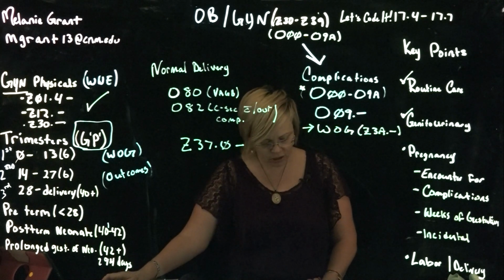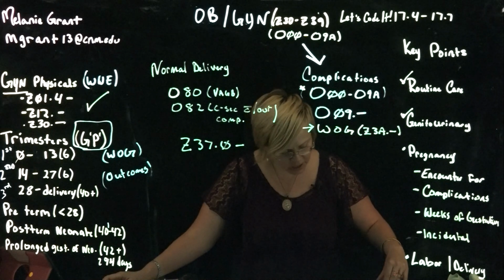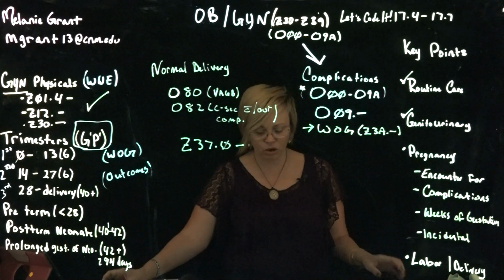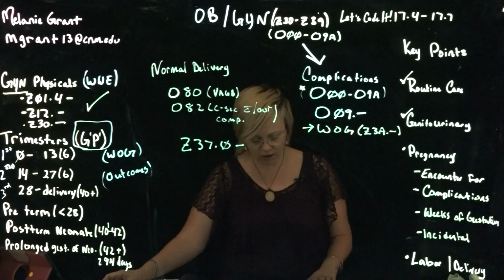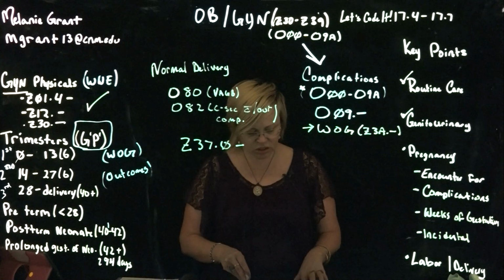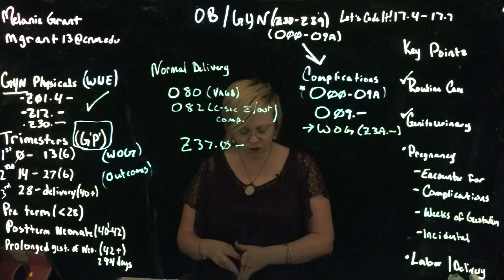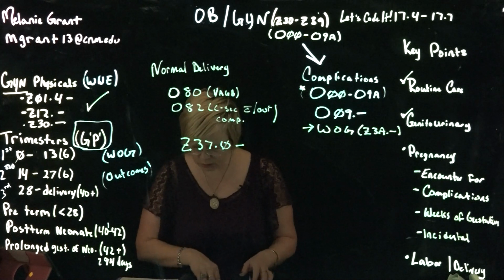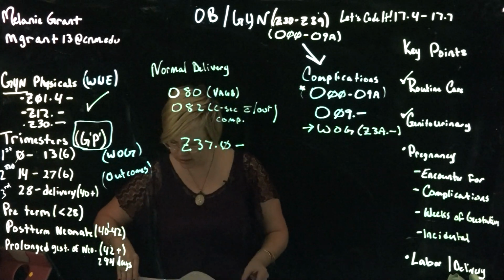Prolapse cord is a condition that they may have. So there's a lot of different things that can occur, and really it's a matter of finding the different areas. So you're going to find your complications or special circumstances under O60 and beyond. So we're going to move over to that for a second.